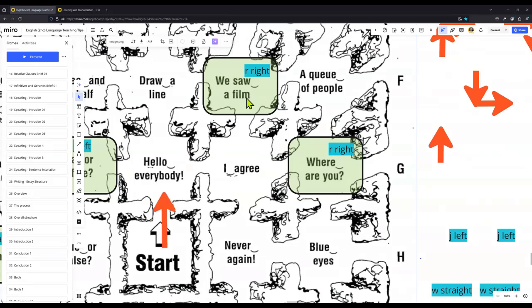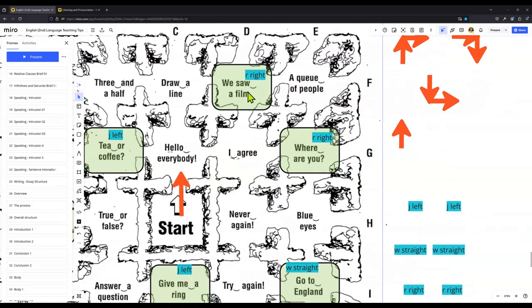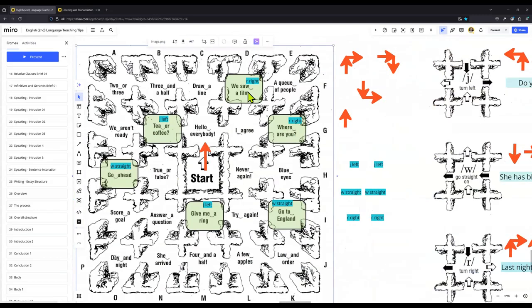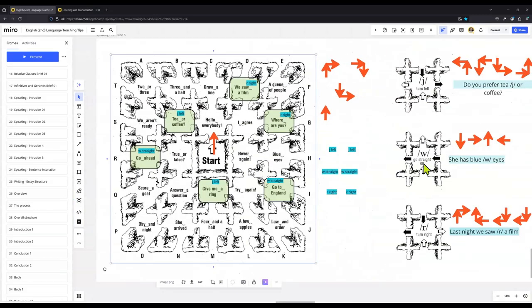And of course, these two examples are useful to point out as well, because this one has actually got an R letter and an R sound, and this one's got a W letter and an R sound. So that's worth pointing out.